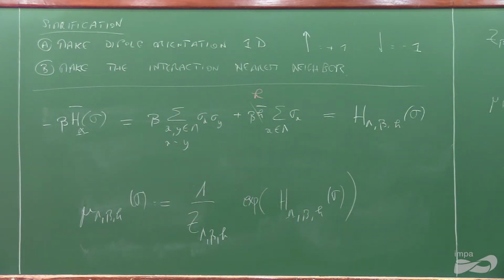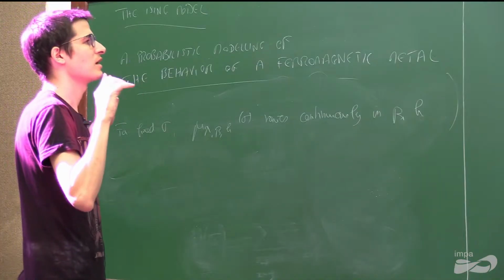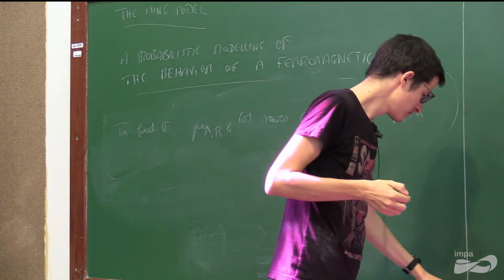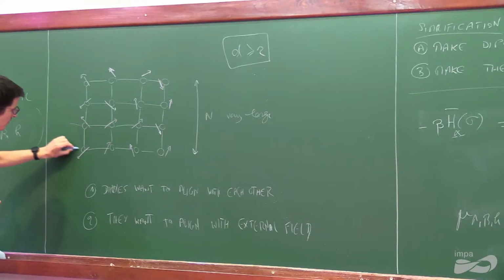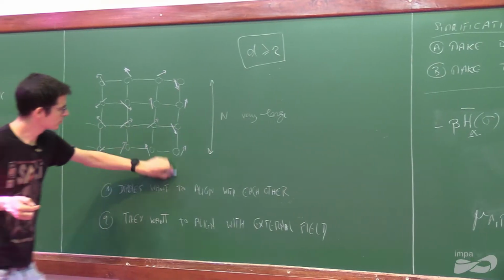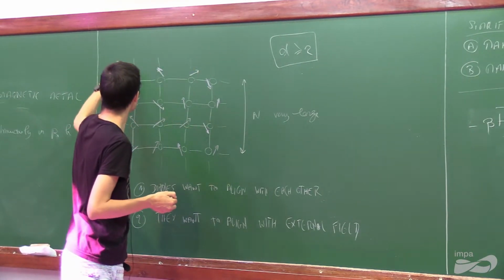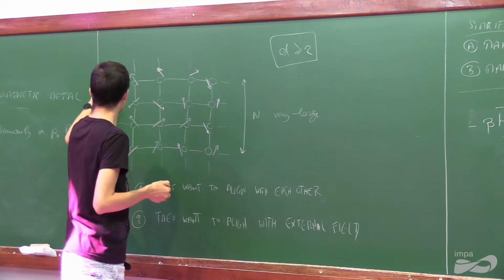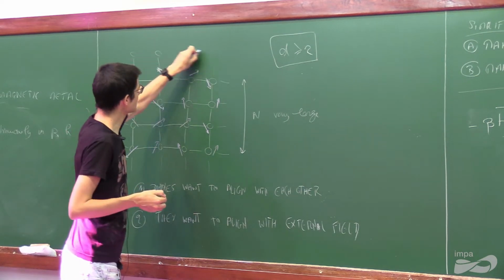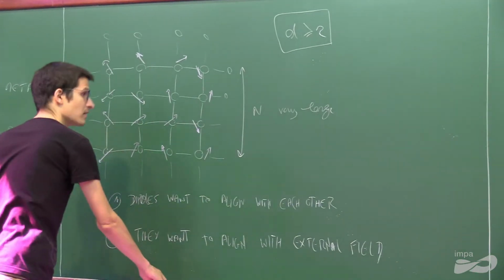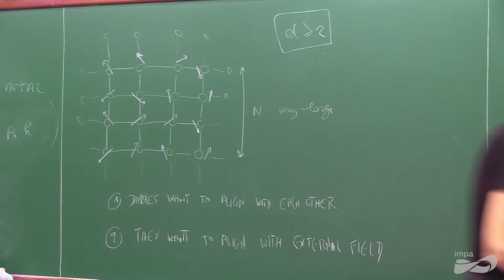This is something that will come into the game when we consider larger and larger boxes. What we are going to do is to define the Gibbs measure in a box, but while the spins outside of the box have already been determined. So it has to be another color here. I don't know if the blue looks right.